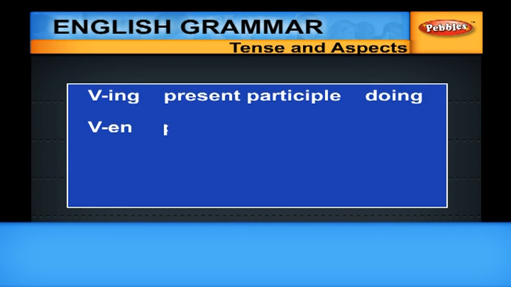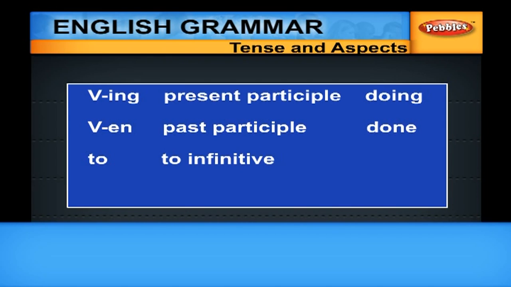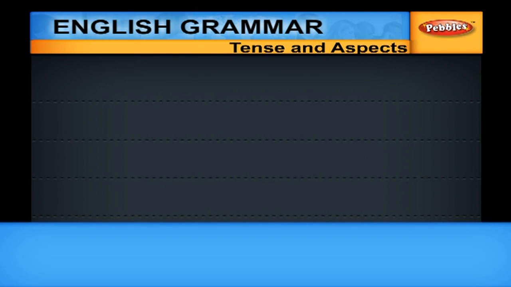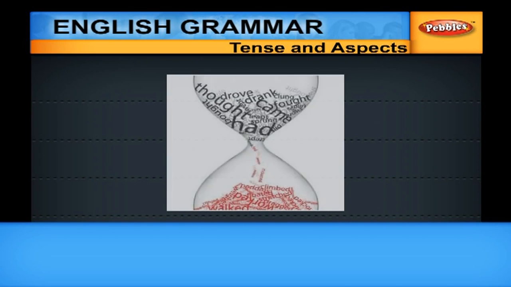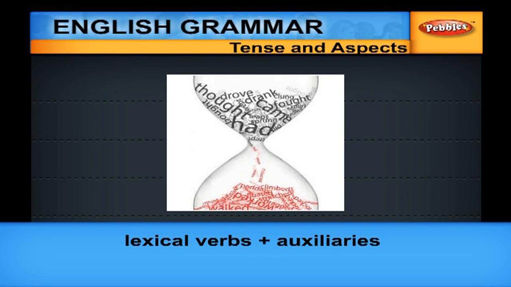VEN, past participle, done. To infinitive, to do. Bare infinitive, do. So, it is only by combining these lexical verbs and auxiliaries that we are going to create verbal structures.